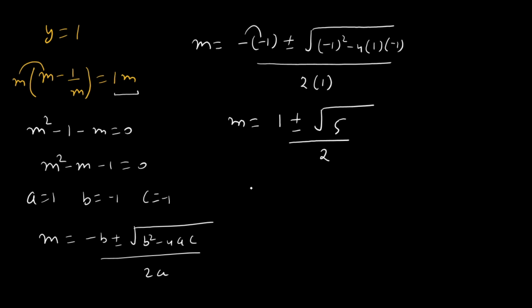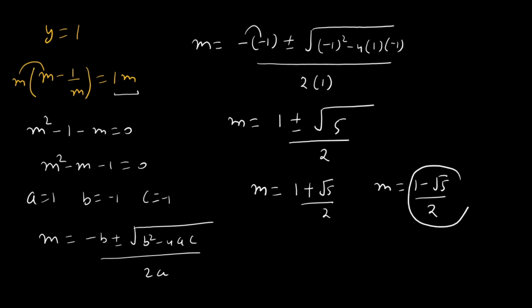Here are two possible values of m. The first value of m is 1 plus square root of 5 divided by 2, if we take the positive sign, and the second value of m is 1 minus square root of 5 divided by 2. This expression is negative because square root of 5 is greater than 1. So the numerator is negative and the numerator is divided by a positive number, so a negative number divided by a positive number gives a negative number.